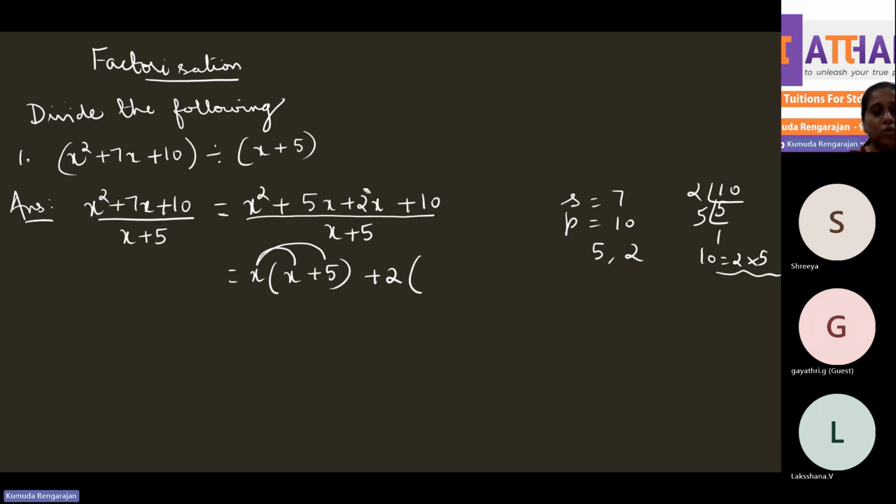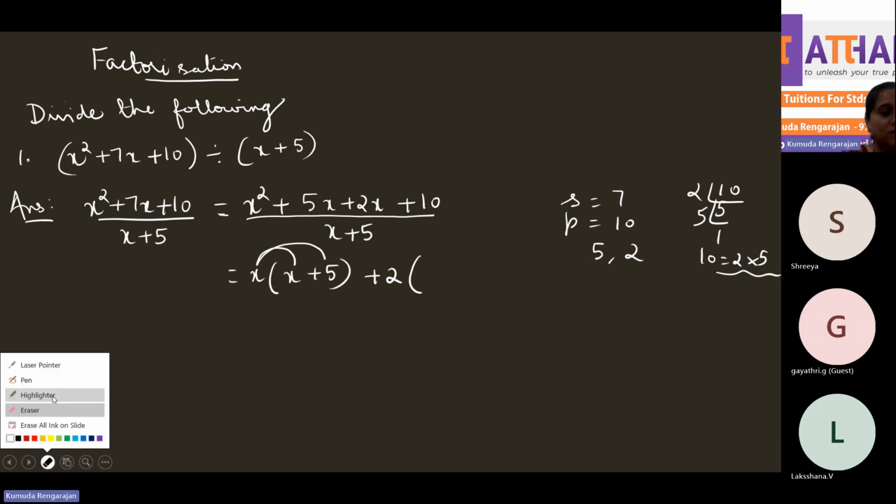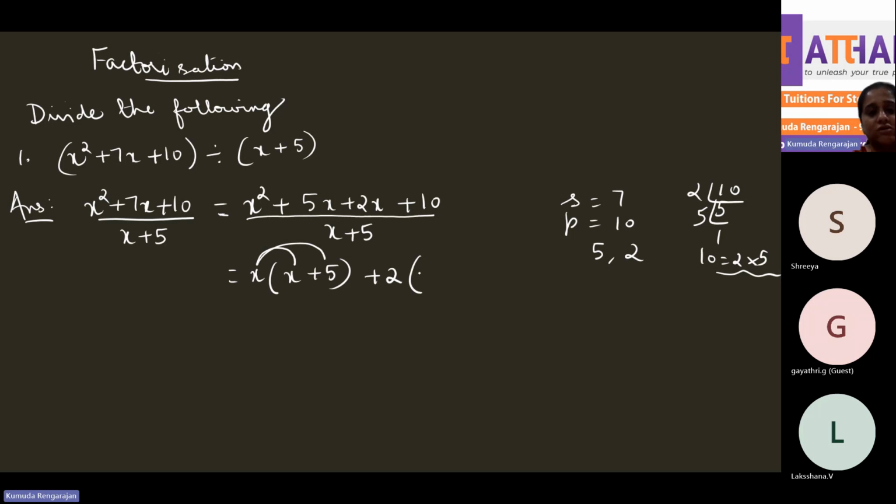Now 2 into what will give you the third term? 2 into x is the third term, 2x. Plus 2 into plus 5 is plus 10. Divided by the denominator as it is, x plus 5.